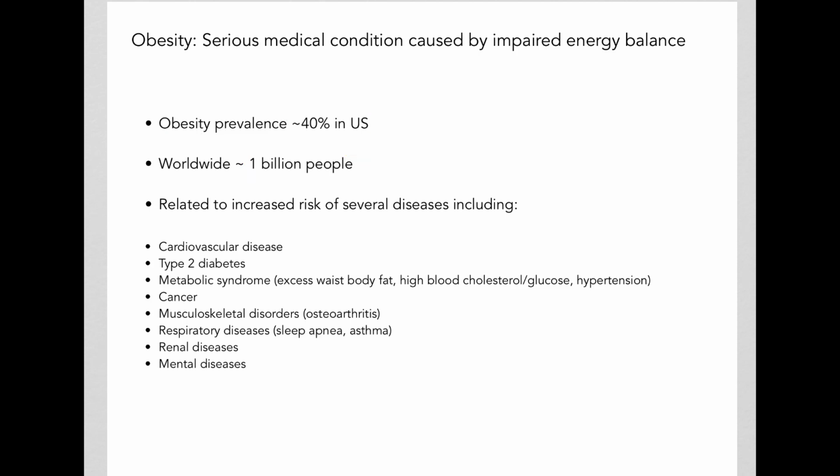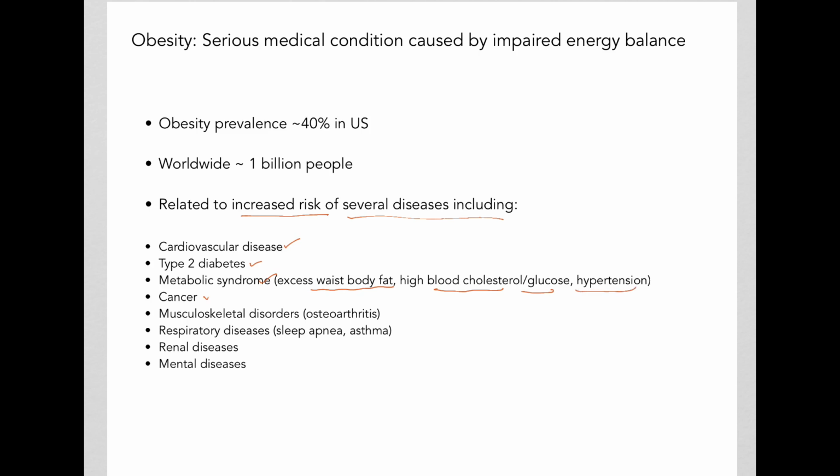Obesity is related to increased risk of several diseases. Examples of some of these diseases include cardiovascular disease, type 2 diabetes, metabolic syndrome where there is excess body fat in the waist, high blood cholesterol levels, as well as hyperglycemia, as well as high blood pressure.